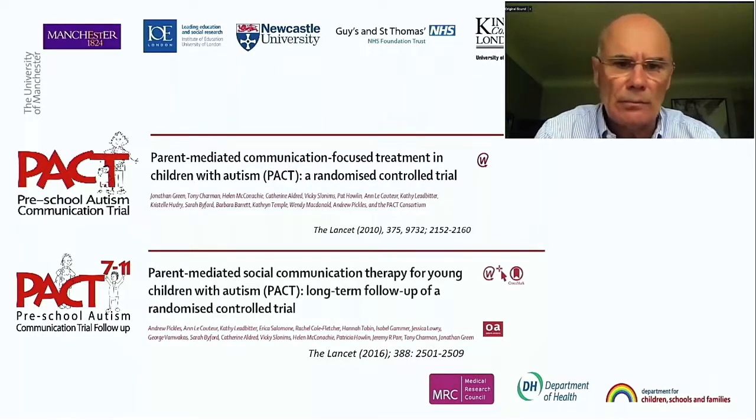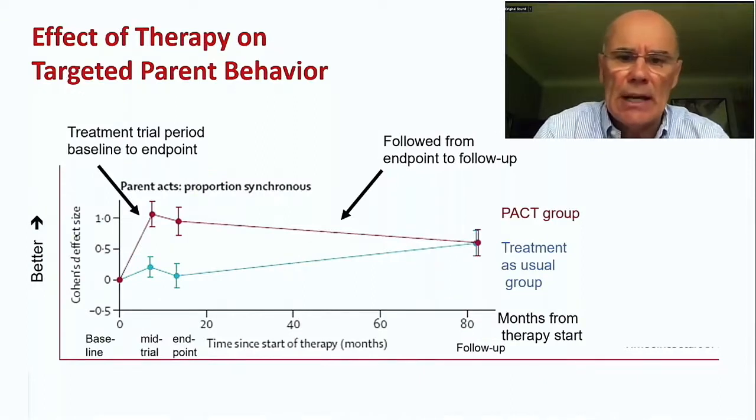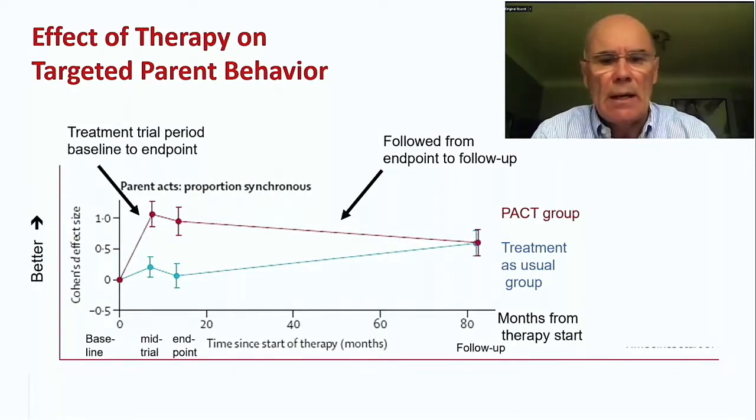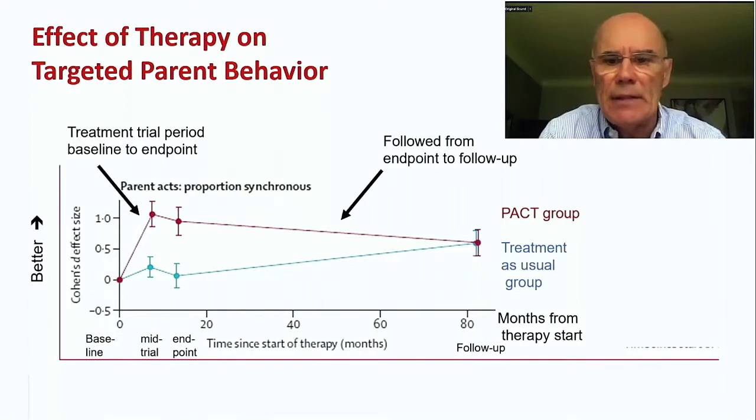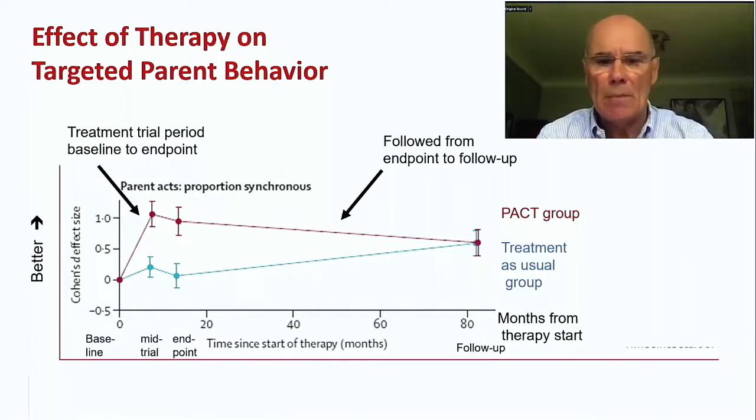So the results, which I'll just briefly characterize for you from these PACT trials, take into account the treatment period and then this long-term follow-up 6 years after the end of treatment. You'll see in this diagram, and you'll see three diagrams like this, that from left to right at the bottom is time, basically the time from when we start working with families in months through to over 80 months from the start of therapy.